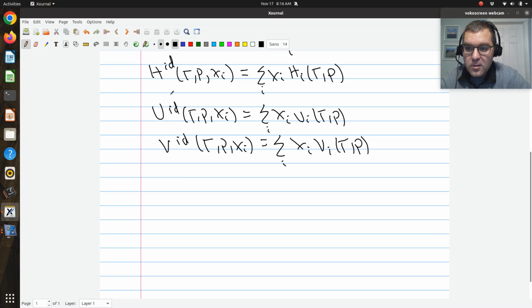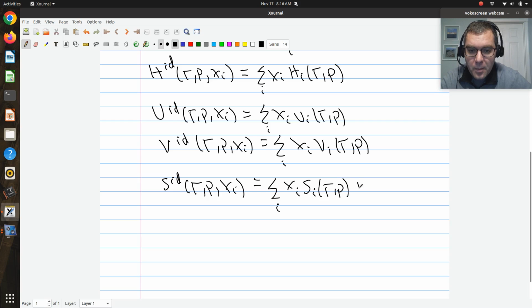So that's H, U, and V. My entropy of an ideal solution at T, P, and x_i is going to be the molar average plus delta S of mixing, which we'll put in: sum of x_i S_i at T and P plus delta S of mixing.